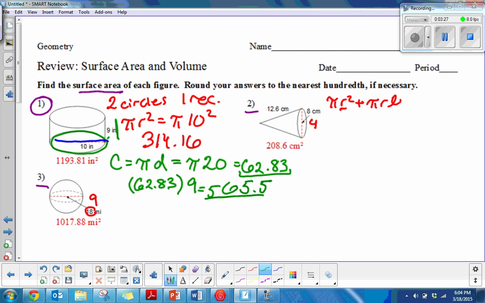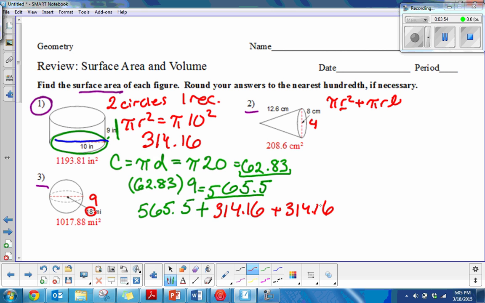Now you want to take that 565.5 and add all the circles. We have a circle at the top, and we've got a circle at the bottom. So we're going to add 314.16 plus 314.16.